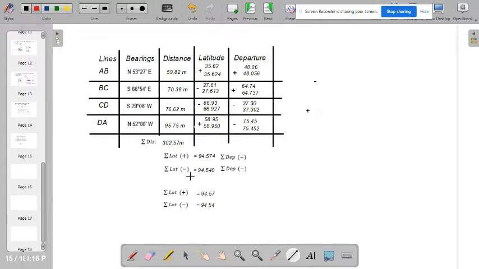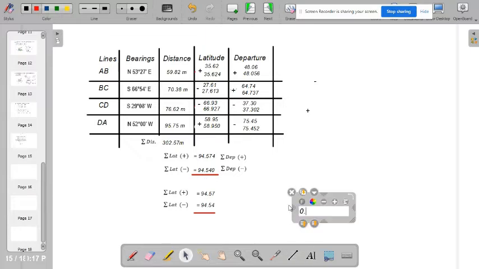So you can get the difference now, right? You get the difference here, and you get the difference here. Let's see the probable differences. For 94.574, the difference is 0.034.